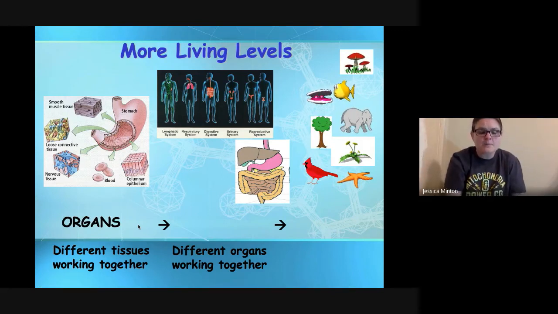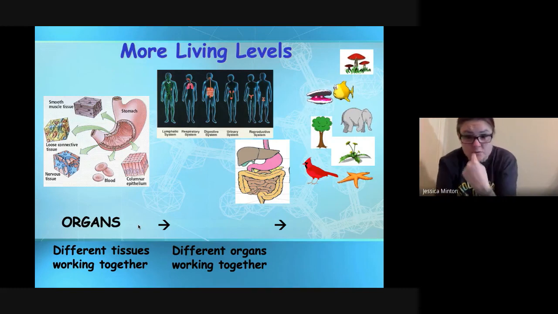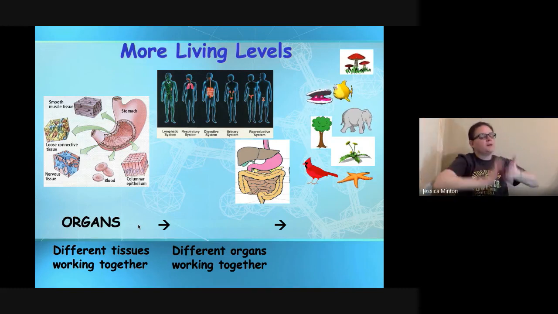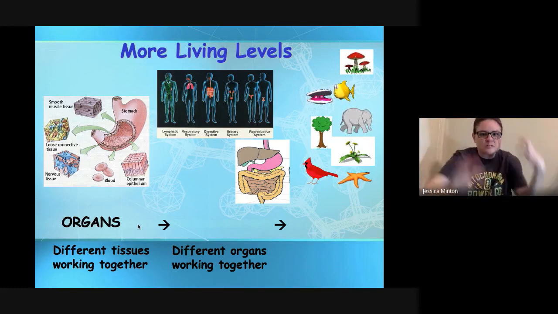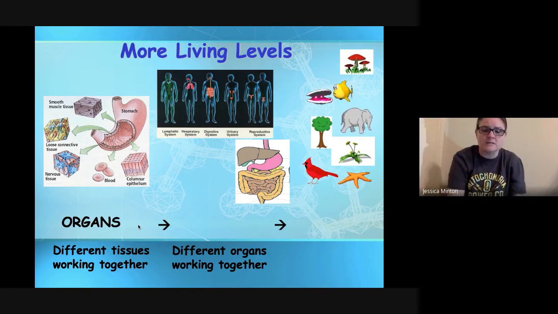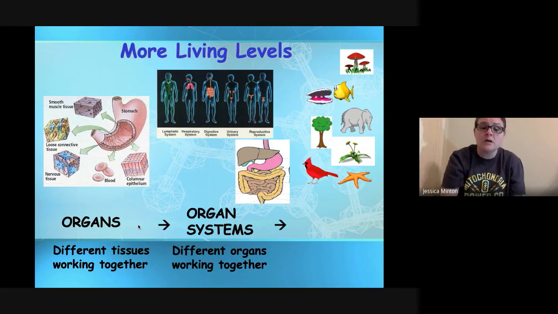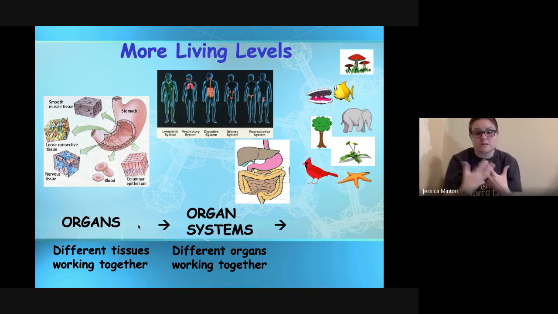Now I'm going to put all of those different organs together. From the moment something enters my mouth until it comes out the other end, that whole system is known as our digestive system. So now these are organ systems, whether it's my digestive system, my respiratory system with my lungs and the other organs that go with that, or my circulatory system.